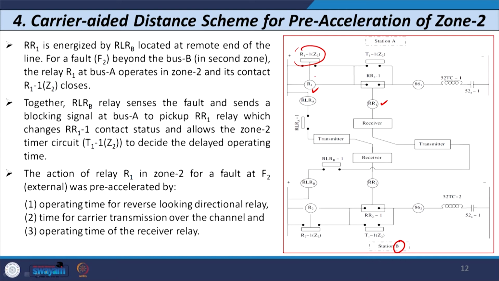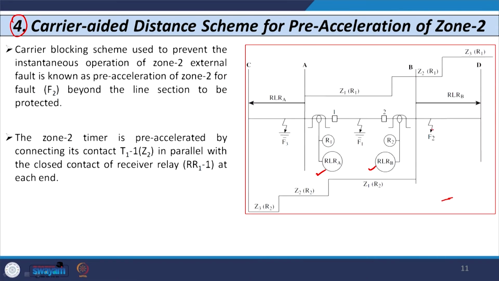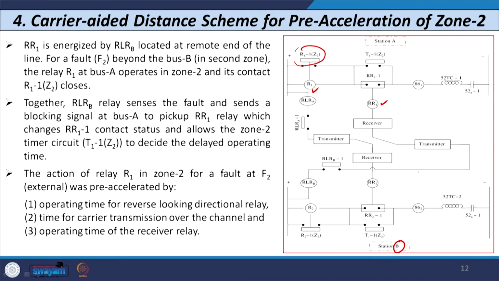Now, together with this reverse looking relay at B, if a fault occurs at F2, this reverse looking relay will look in this direction. So, it is going to sense this type of fault at F2.